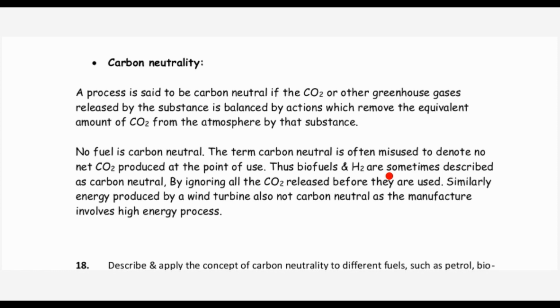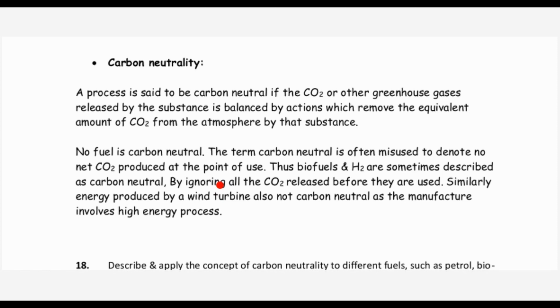Because even if you take, for argument's sake, a plant or tree that for 100 years has absorbed X tons of carbon dioxide. So you take the wood out of the tree and you burn it. For argument's sake, we'll say X tons of carbon dioxide was released through the combustion process.